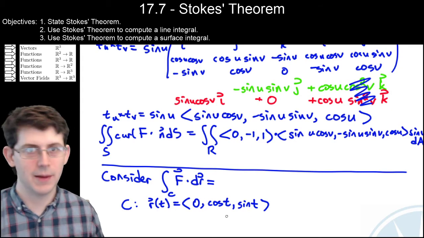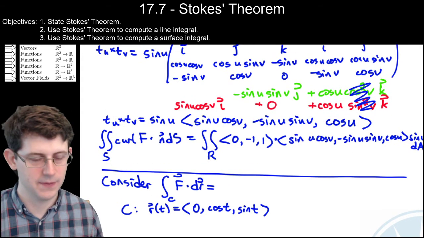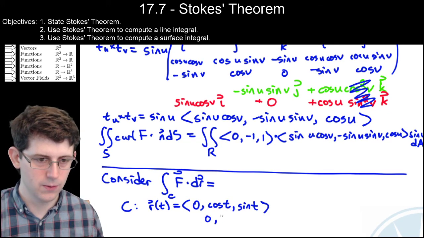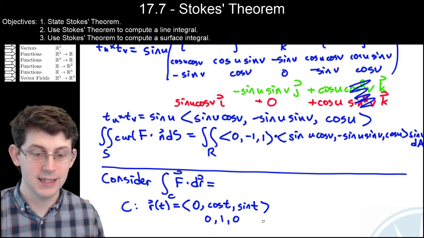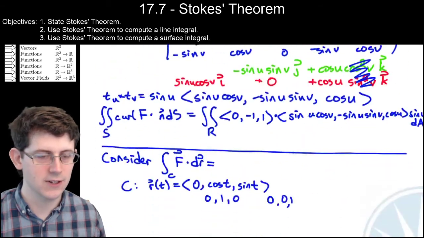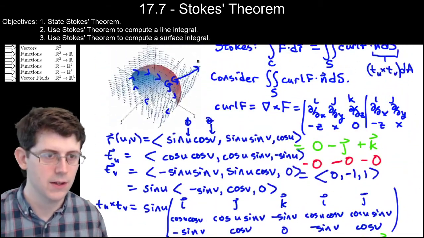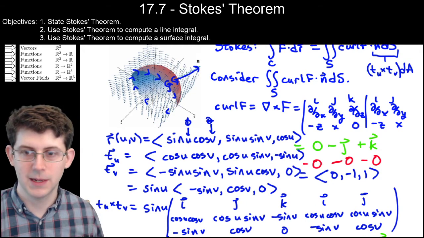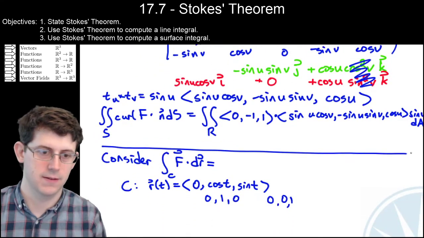If not, I can just swap them and I get a different direction. So cosine t, sine t means at t equals 0, I would get 0, 1, 0. And at t equals pi over 2, I would get 0, 0, 1. So I start at 0, 1, 0 and end up at 0, 0, 1. No, that's backwards. That's going the wrong way. So I'll switch them, and then it will go the other way around.